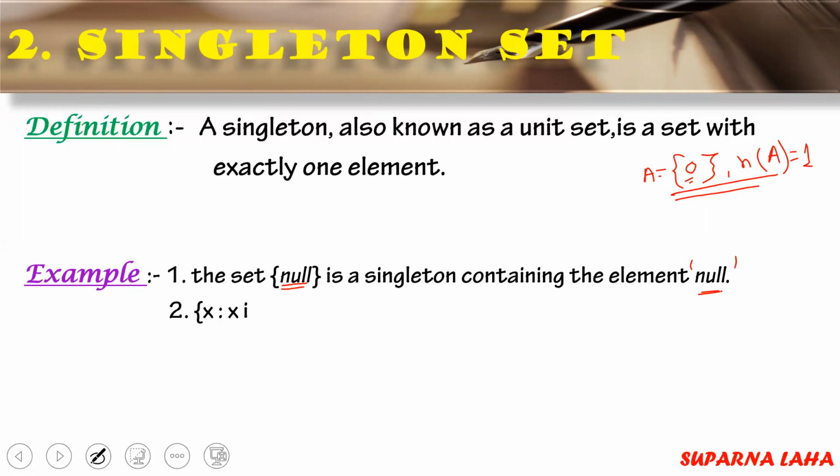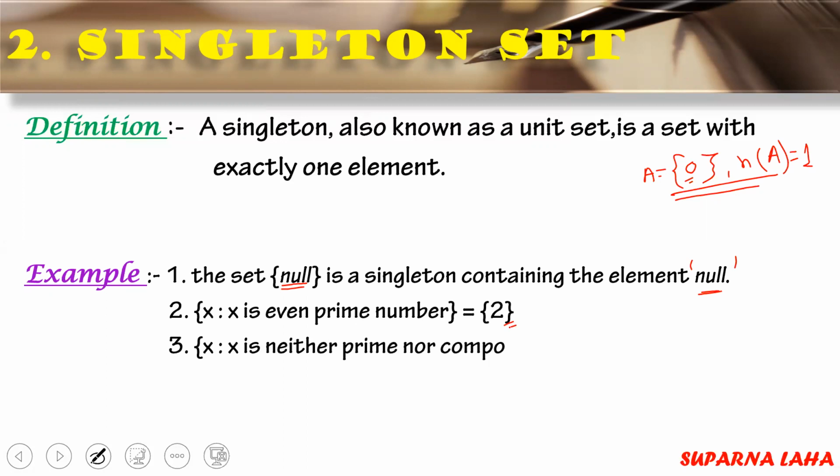Next example, x is an even prime number. Now there exists only one even prime number, that is 2. So this is also a singleton set. Number 3, x is neither prime nor composite number. There exists only one element which is neither prime nor composite, that is 1. So this is also a singleton set.